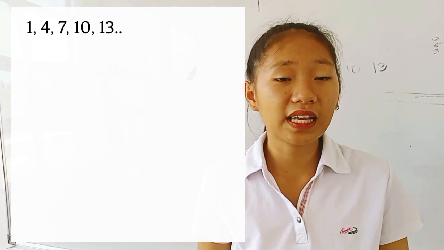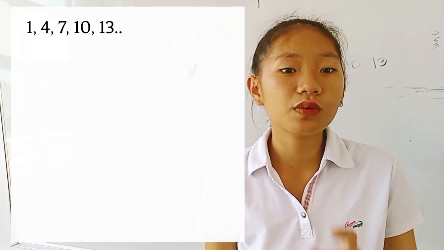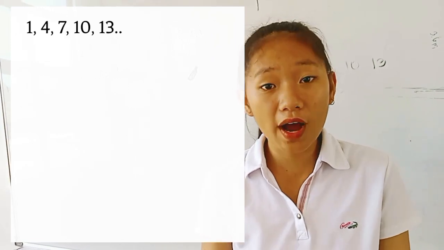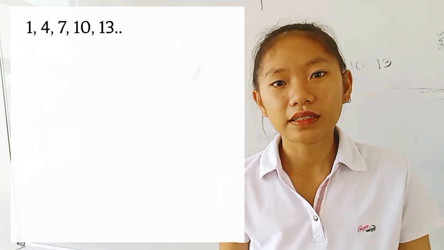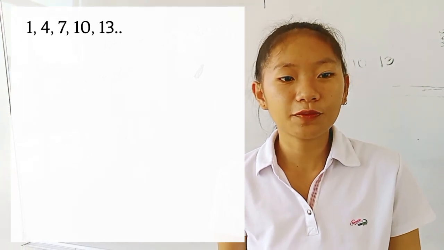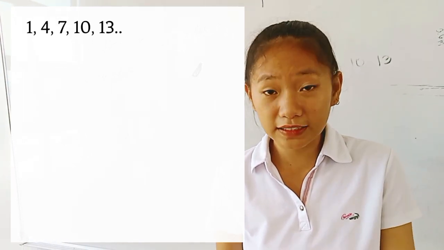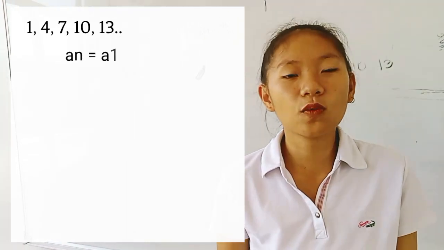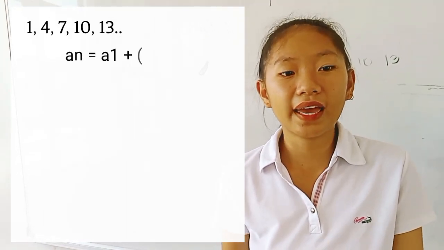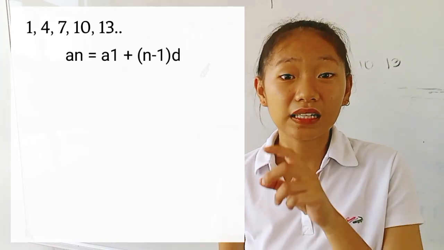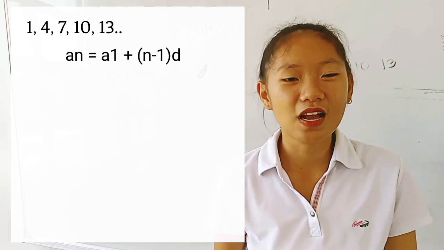So now, we get the formula for how to find the 10th term of the sequence 1, 4, 7, 10, and 13. So first, we have the formula: a sub n, or the next term, is equal to a sub 1 plus n minus 1 times d, which is the common difference.